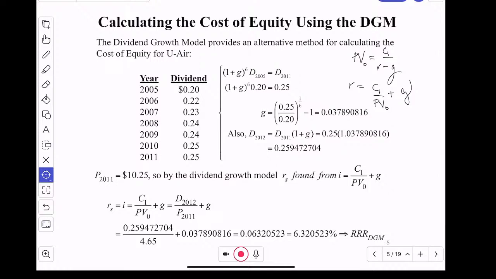So let's see, I'm going to give you this information on UAR's dividend payout. We'll assume constant growth of the firm indefinitely, and then we need to find the right G to use in the formula.